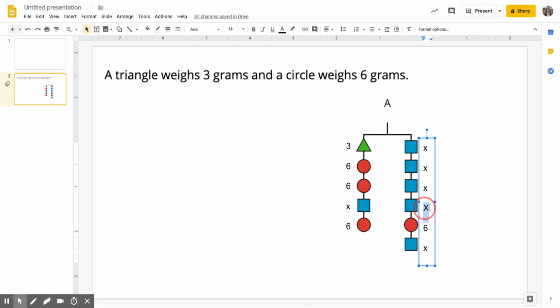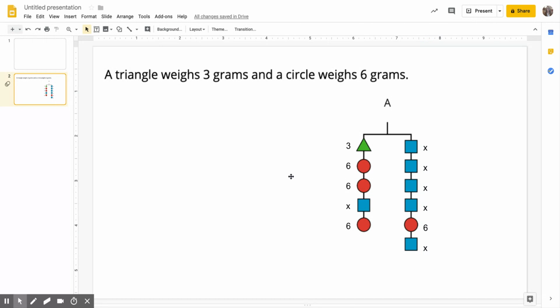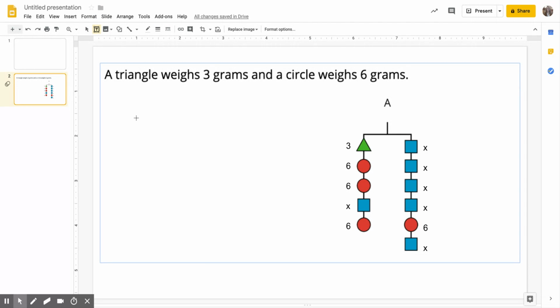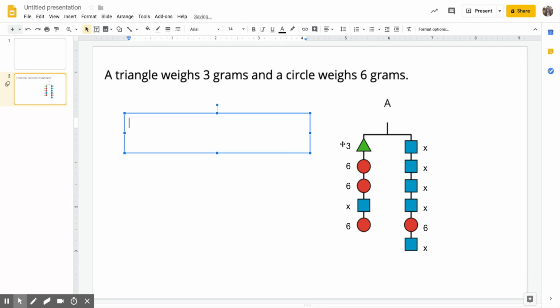Okay, so from here, we can now make an equation and talk about our figure. So we know that in our hanger, the left side is going to be equal to the right side. So I'm going to start out with the left side.